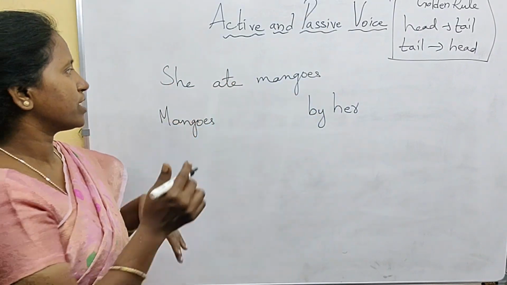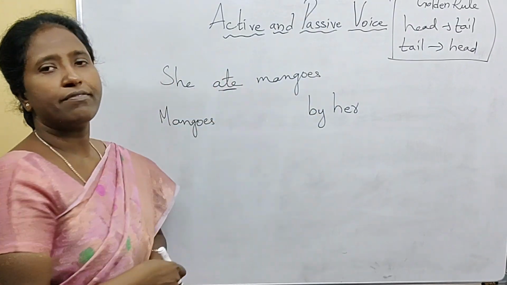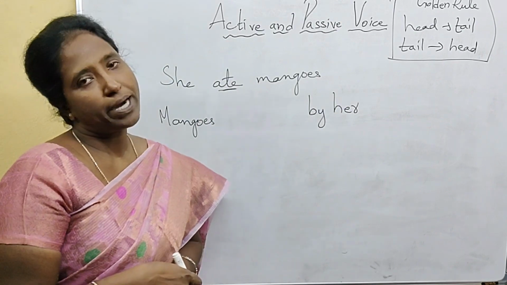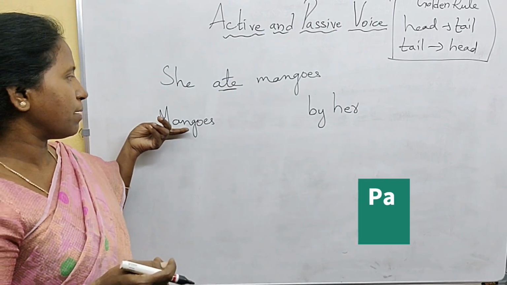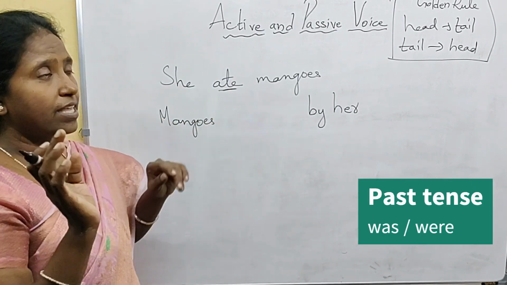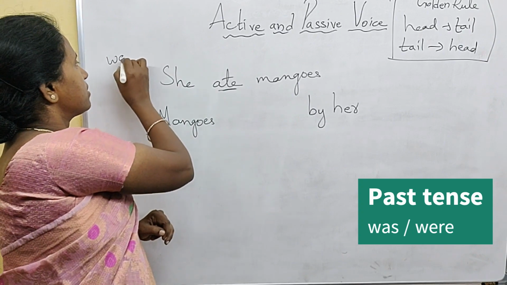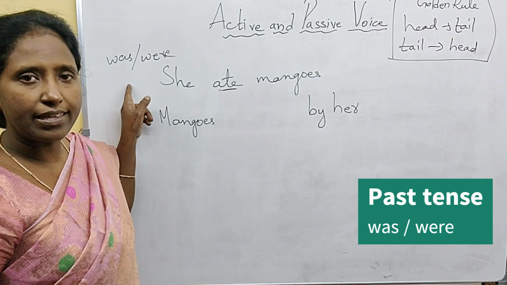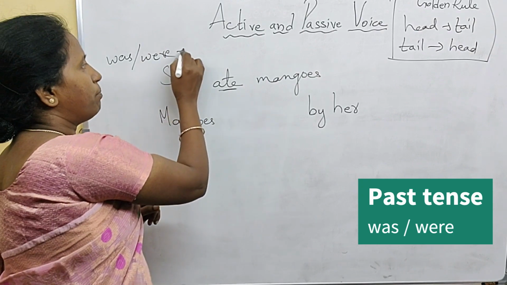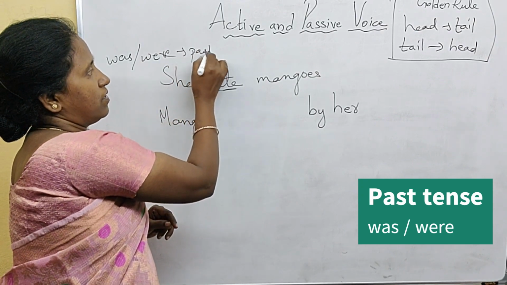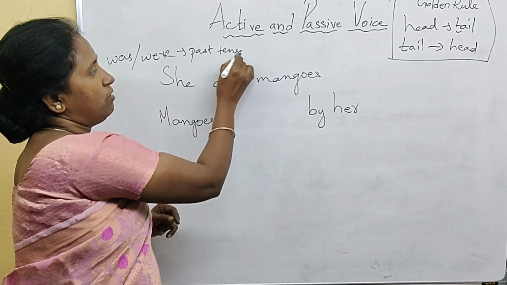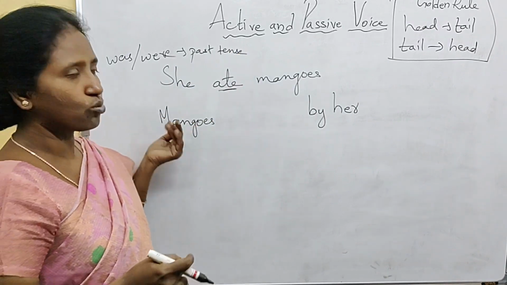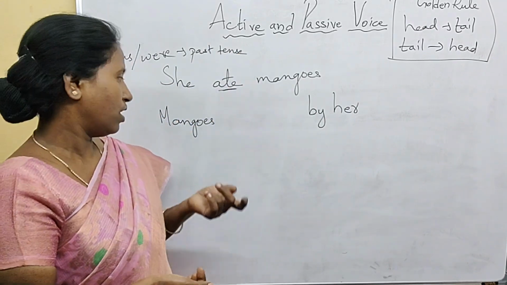Now see in which tense it is. Ate. Which tense is it? It is in past tense. Okay, and see the number. If it is in past tense, the choice is either was or were. So we should fix whether was is suitable or were is suitable.